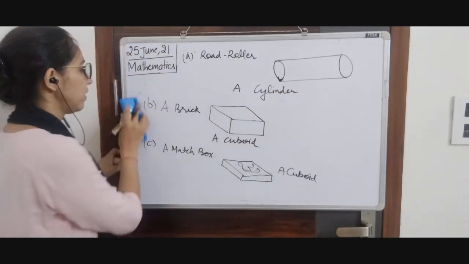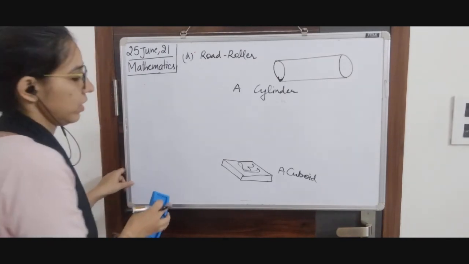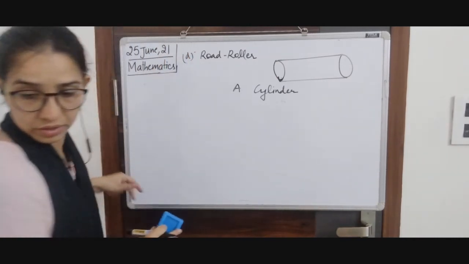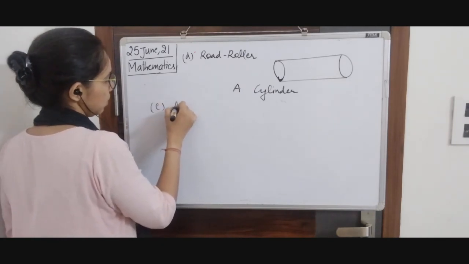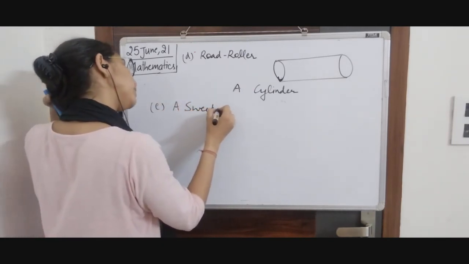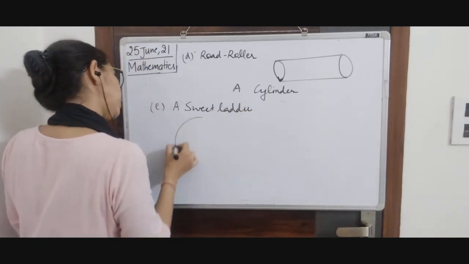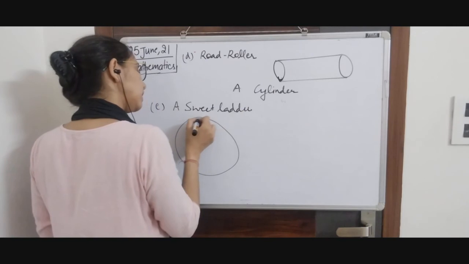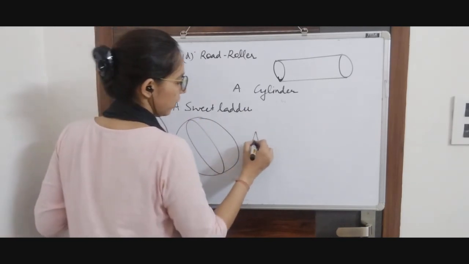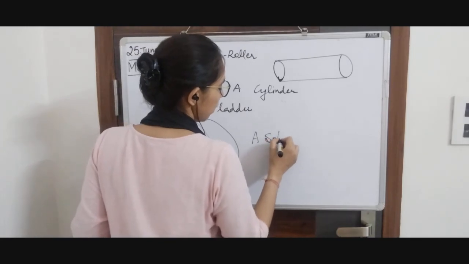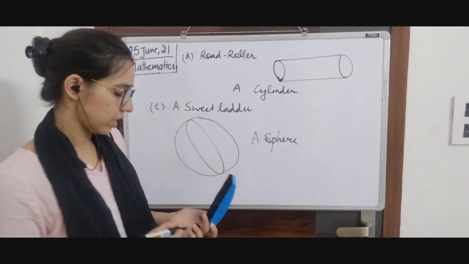Next one is a sweet laddu. And everyone knows that a sweet laddu is a circle in 3D, which is a sphere. It is not circular, it is spherical. It is spherical in shape.